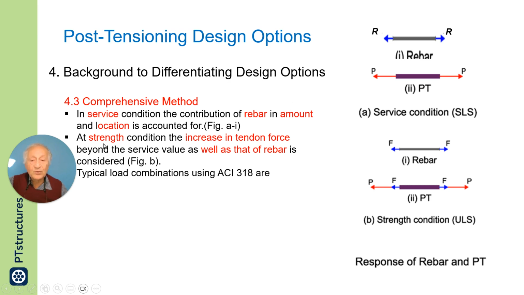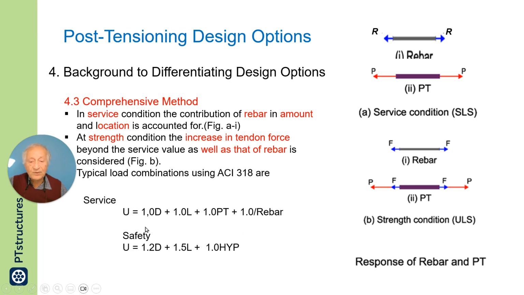Now, when we go to strength condition, the increase in rebar is accounted for in the safety condition. Typical load combinations for service are dead, live, PT, and rebar. For safety, this is for code compliance.